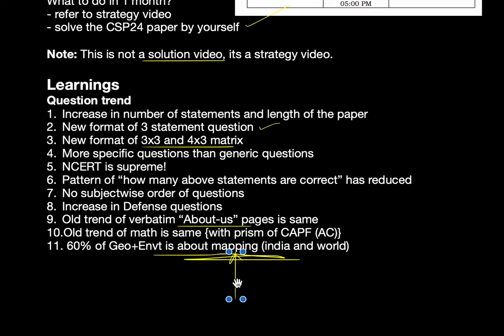And in terms of world mapping, you should know which sea is bordered by which countries. The Caspian Sea is bordered by which 5 countries, the Black Sea, the names of the straits, which country touches which borders, and especially the areas where there are international conflicts, river or environmental issues, or coups.